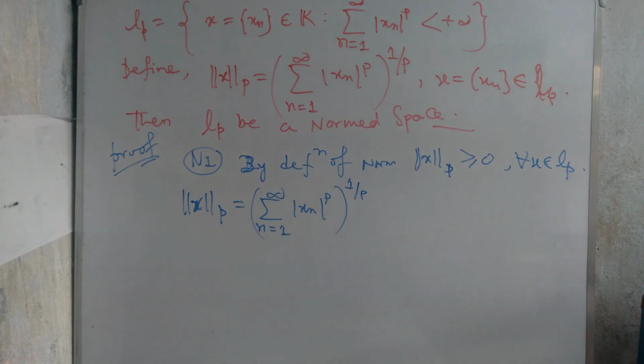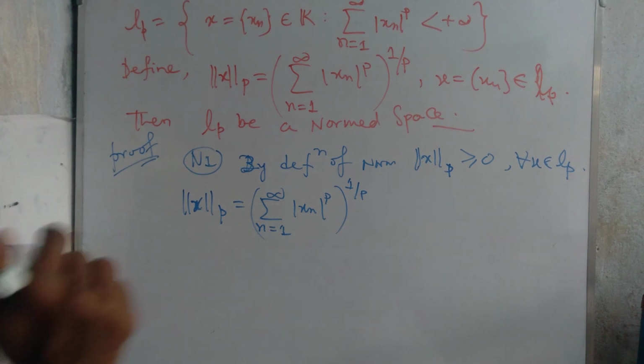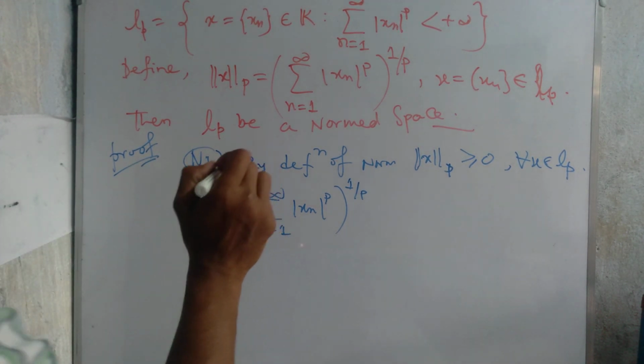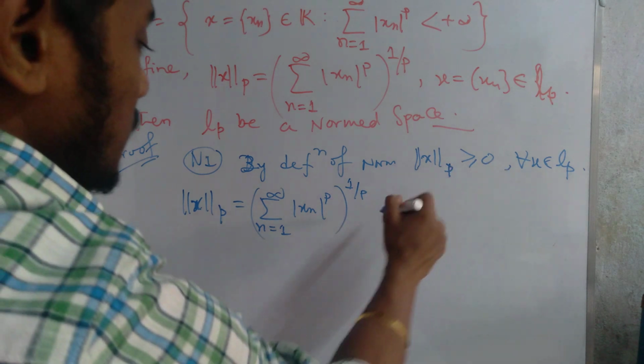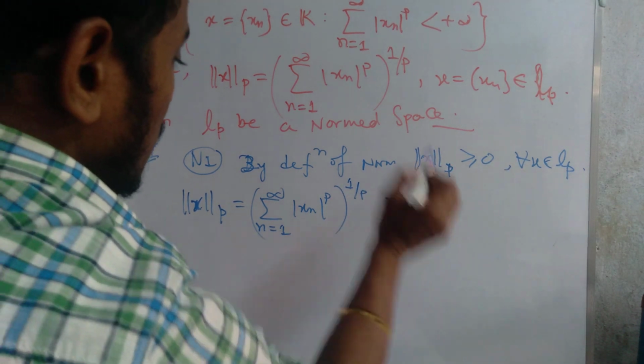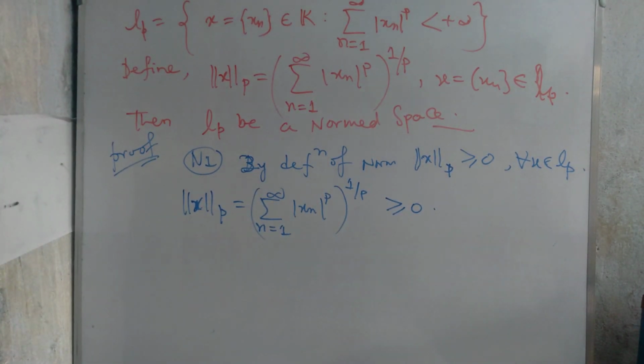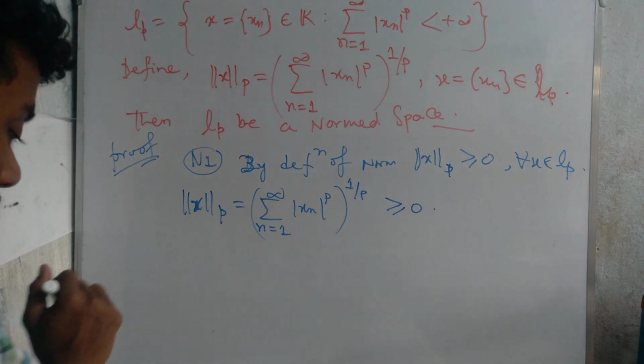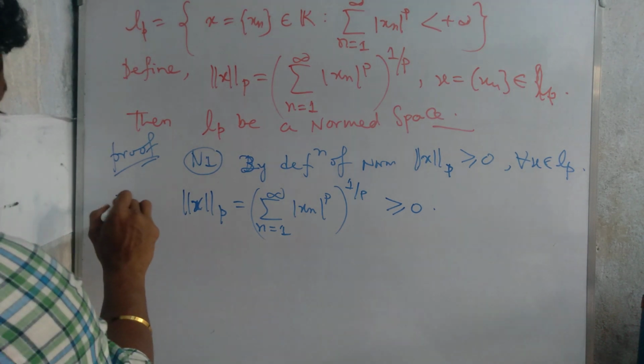Otherwise, if all xn are 0, then this is 0. So it is always greater than or equal to 0.